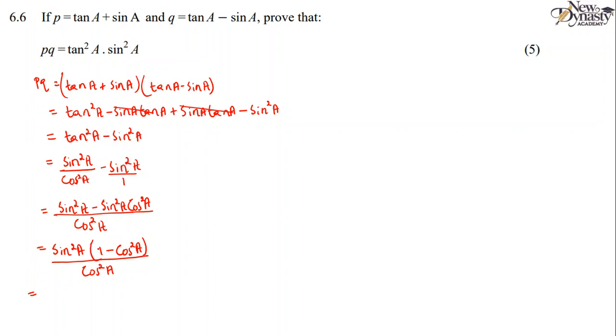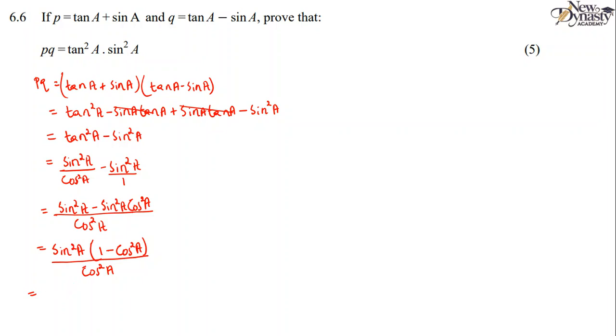Then again, this is the identity, which your 1 minus cos squared A, remember, is sine squared A in this case. And sine over cos is tan.